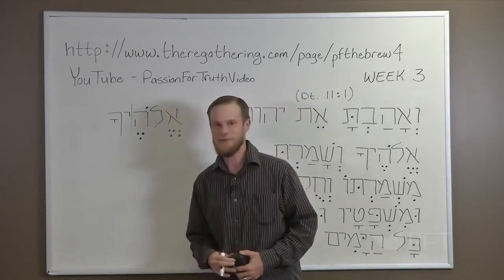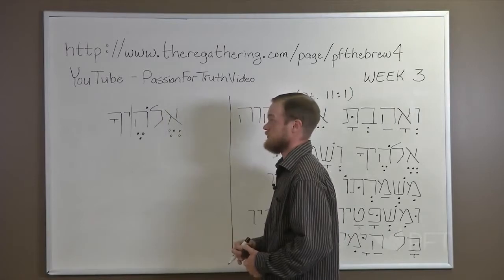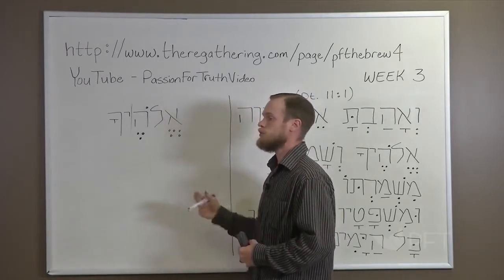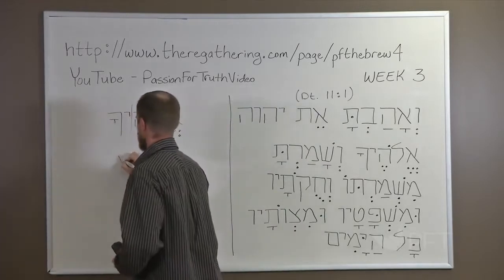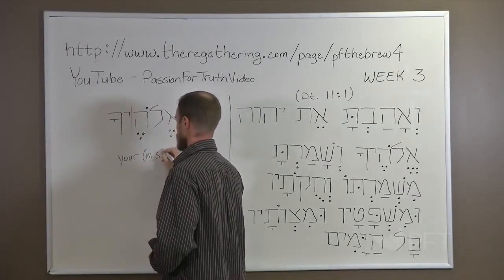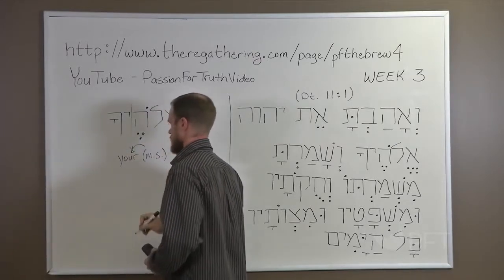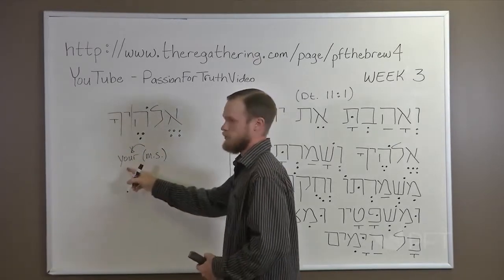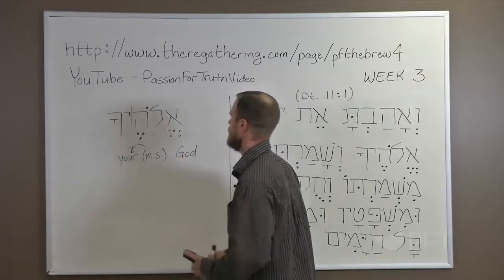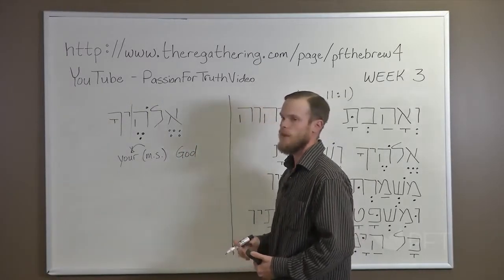Elohecha is the second person masculine singular possessive form. So we've changed from "our God" to "your God." Your, masculine singular. The masculinity and singularity apply to "your." Which is interesting because most commandments are in the plural here.